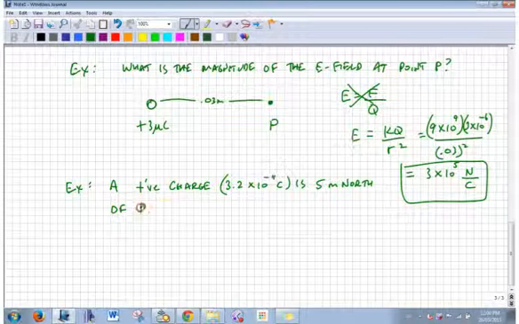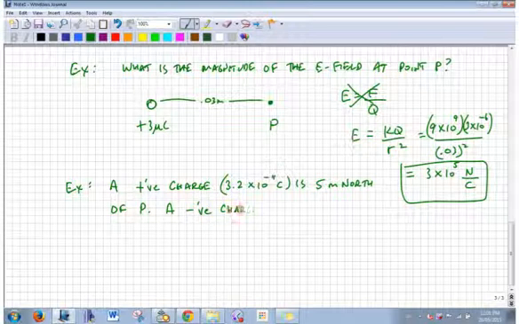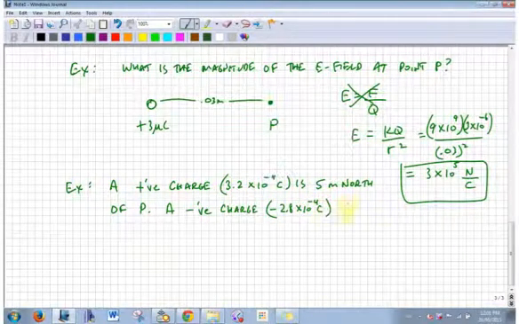Five meters north of P. A negative charge, guess that's redundant if I got a sign in there, isn't it?